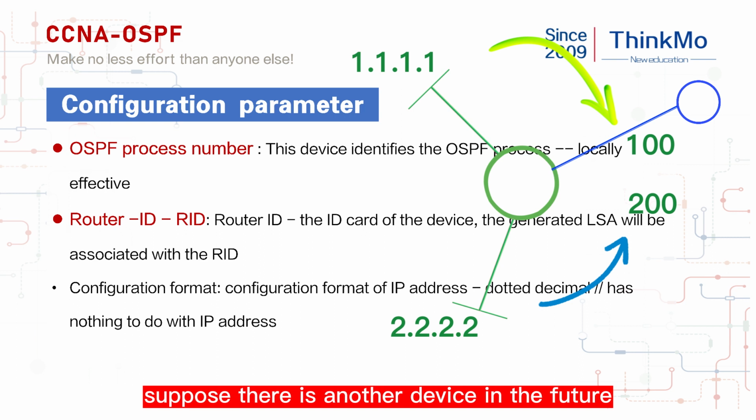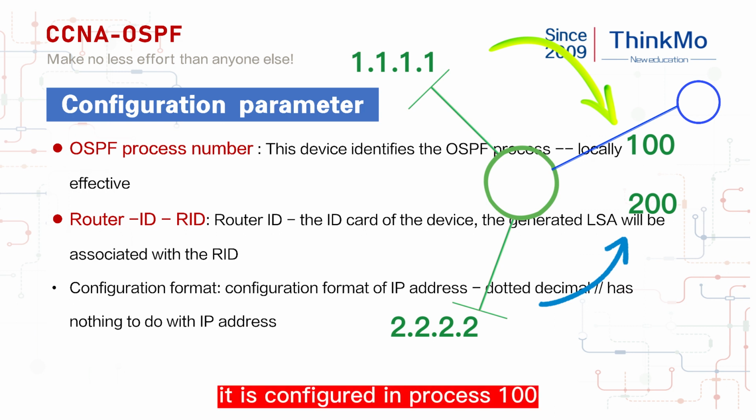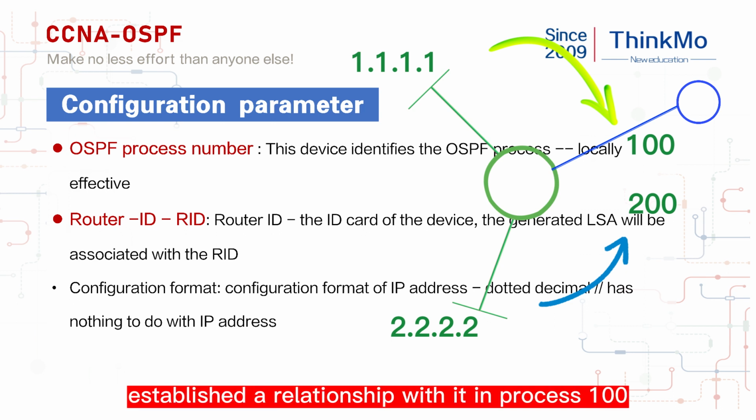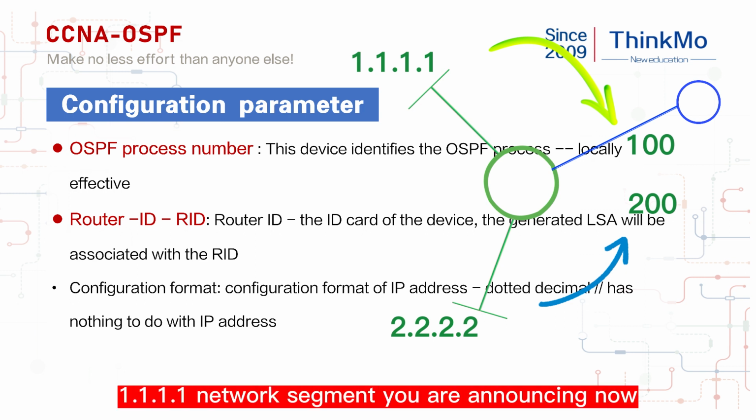Suppose there is another device in the future. It establishes a relationship with this interface. So now declare. It is configured in process 100. You must have established a relationship with it in process 100. Then this device can learn the 1.1.1.1 network segment you are announcing now.